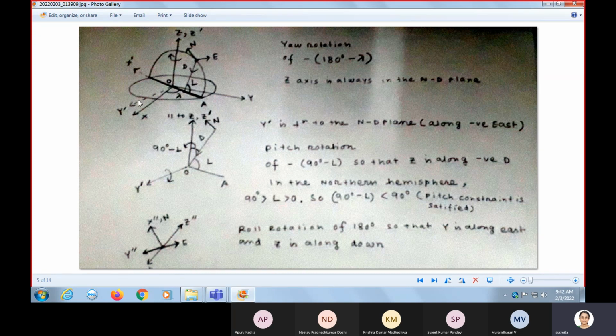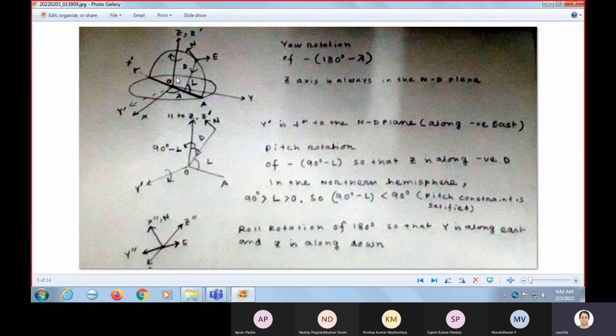Okay. Next, we are going to apply a pitch rotation about this y prime axis so that the Z is along negative down. To apply the rotation, we need to know the angle between the Z-axis and the down axis, right? For that purpose, we can shift this line here without changing the orientation.